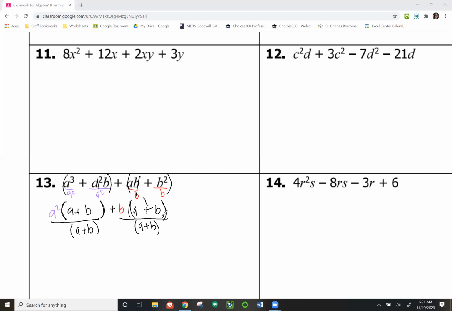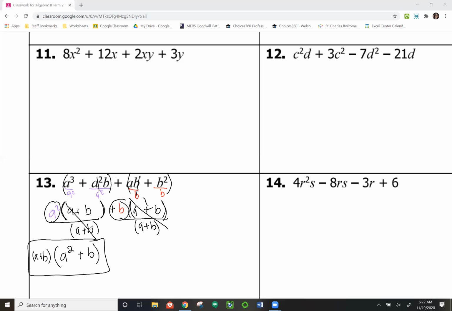That way you get to pull that one out. So I have an a plus b, then an a plus b that I'm going to pull out. And then what will I have left? Well, I'll have this a squared plus b.